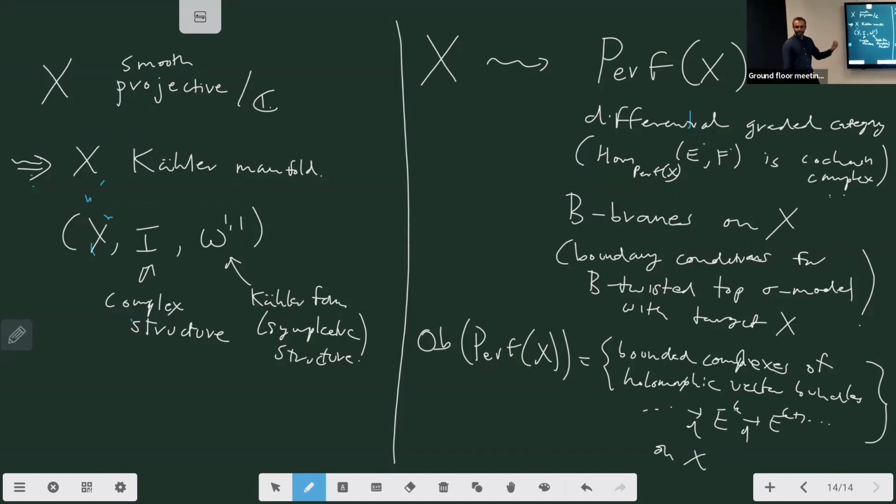So these are B branes on X, which from the worldsheet point of view are like boundary field theories defined on a two-dimensional worldsheet with boundary. You can make some physical arguments why those correspond exactly to bounded complexes of holomorphic vector bundles on X. So a category.